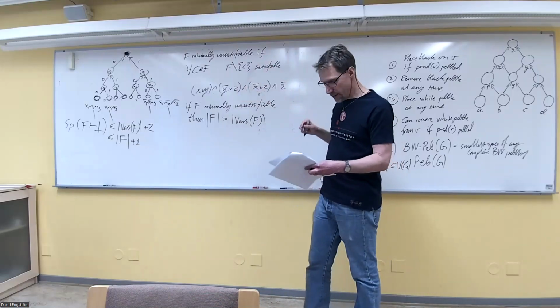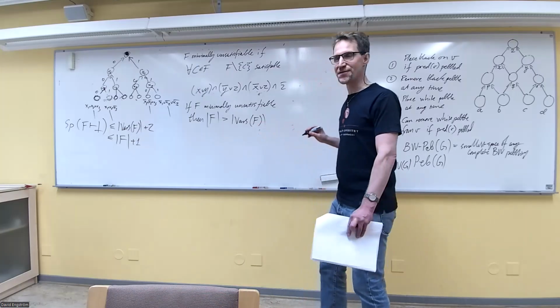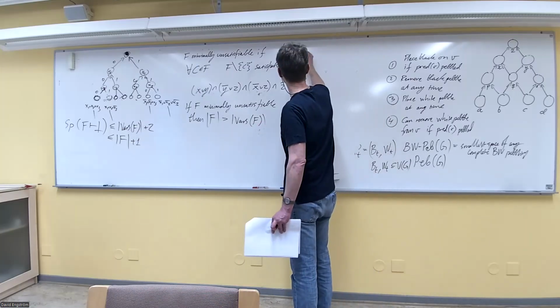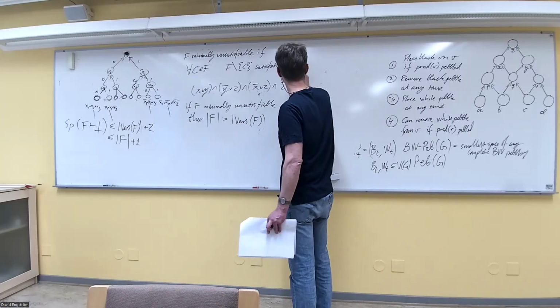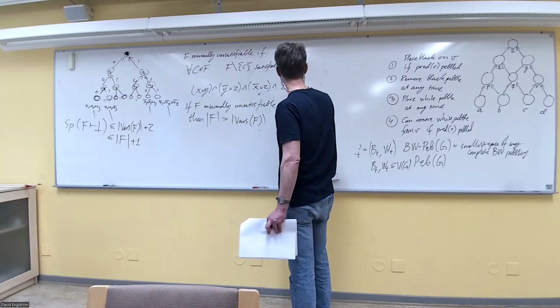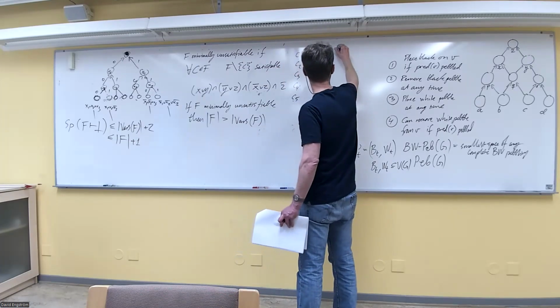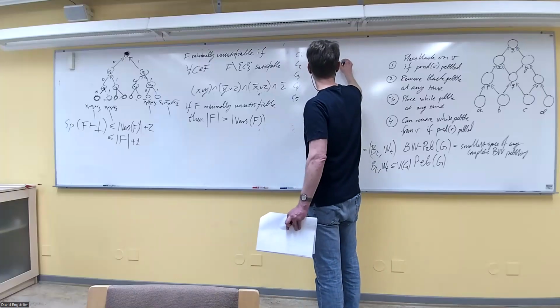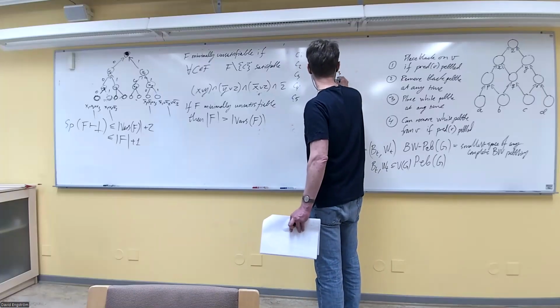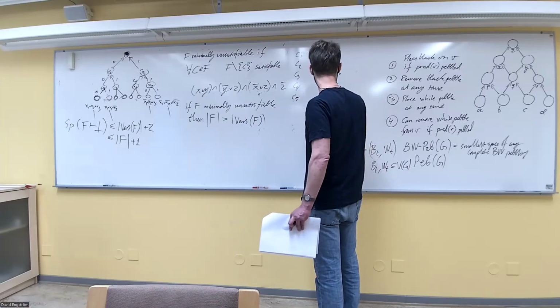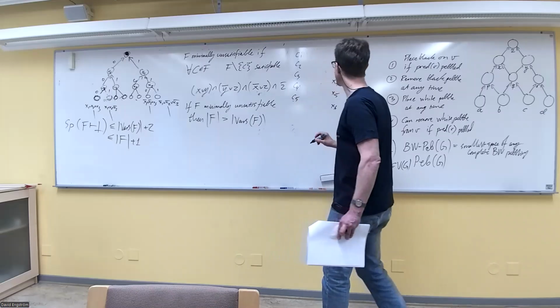So we look at the clause variable incidence graphs. So here is the clause variable incidence graph, C1, C2, C3, C4, C5, and here are variables x1, x2, x3, x4, x5, maybe x6 also.